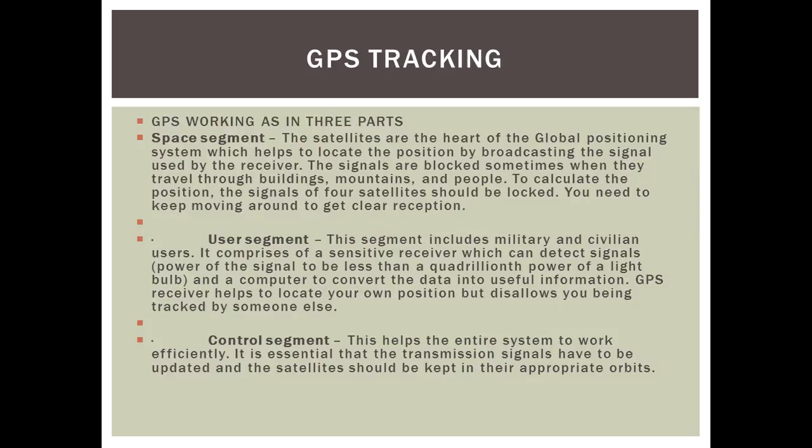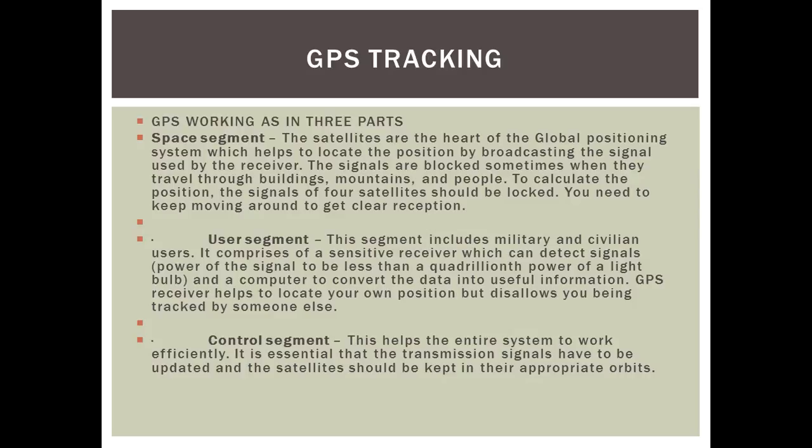We need satellites at the heart of the Global Positioning System, which help to locate the position by broadcasting signals, and our devices receive those signals. The signals are sometimes blocked when they travel through buildings and big mountains. So to calculate the position, the signals of the satellite should be clear, and we need to keep moving around to get clear reception.